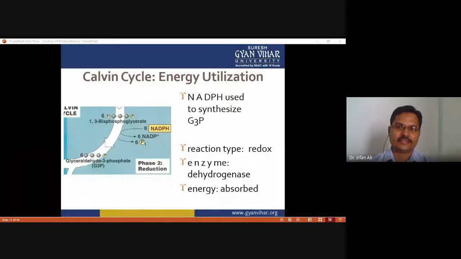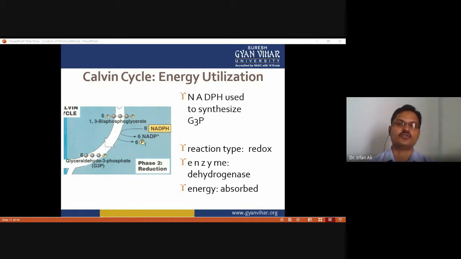Now the second step of the energy utilization reaction, at which NADPH is used. We already discussed that this NADPH comes from the light reaction of photosynthesis, because right now we have to discuss the dark reaction, in which ATP and NADPH are utilized for the synthesis of sugar molecules.